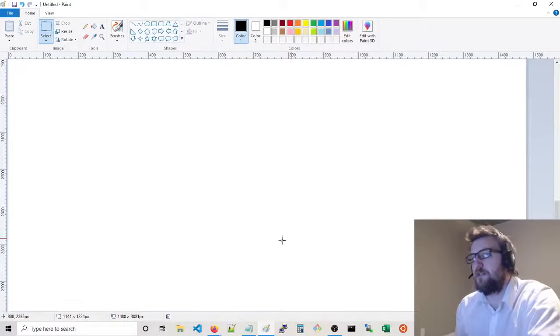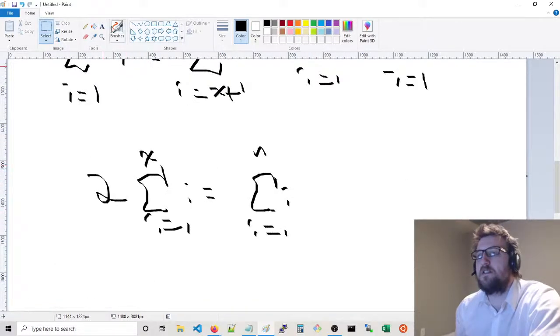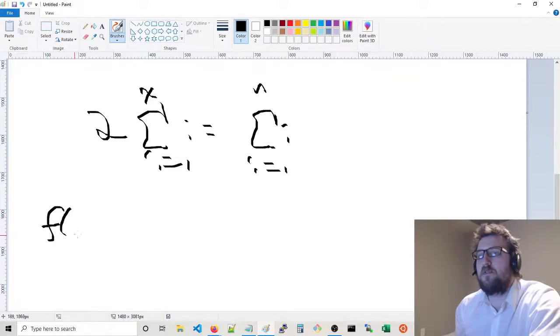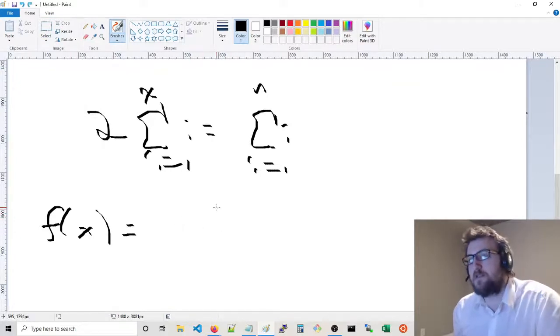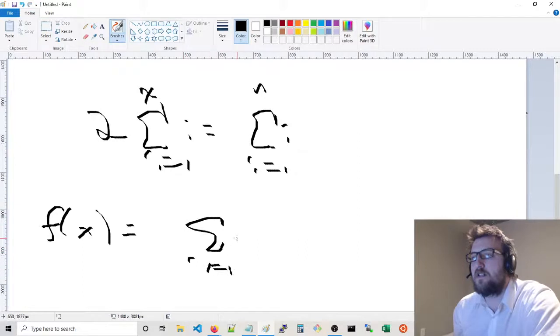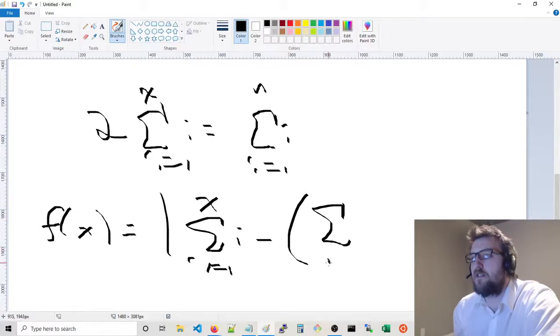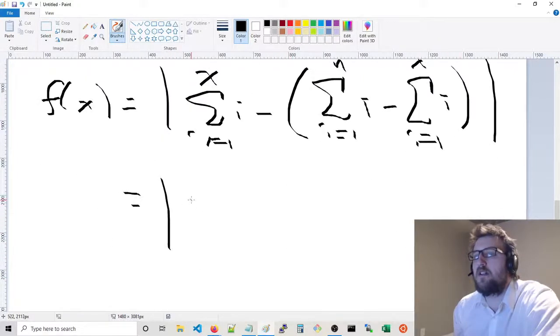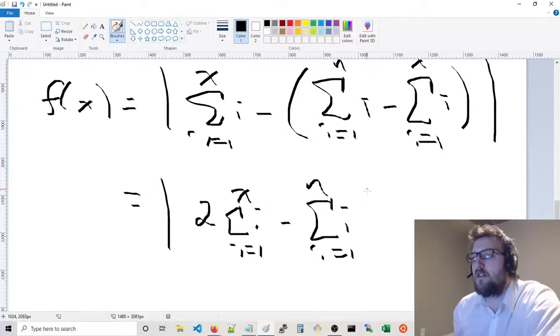Hold on, let's do, really it's f of x equals the difference between these two things, and the absolute difference. Right?